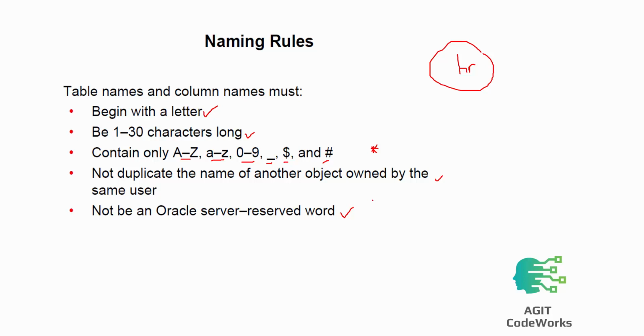Otherwise, you would confuse the Oracle database when you execute these statements, because it will try to interpret those words using their programmatic meanings. So you cannot name an Oracle database table things like where, create, alter, and so on, because these are Oracle database reserved keywords.